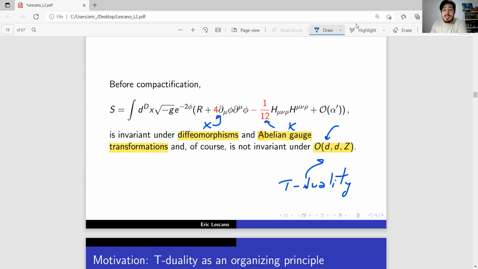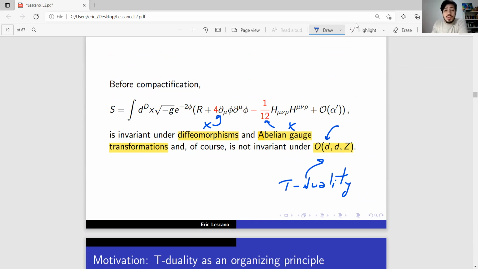We can change these numbers, and the Lagrangian is still invariant under abelian gauge transformations, and the action is still invariant under infinitesimal diffeomorphisms. So these symmetries are not good to fix the coefficients in the Lagrangian.